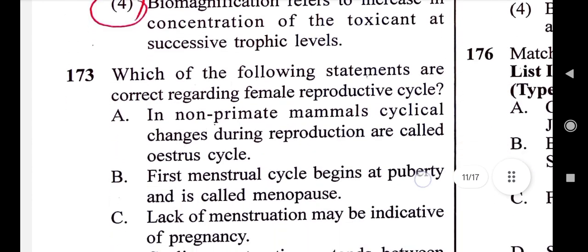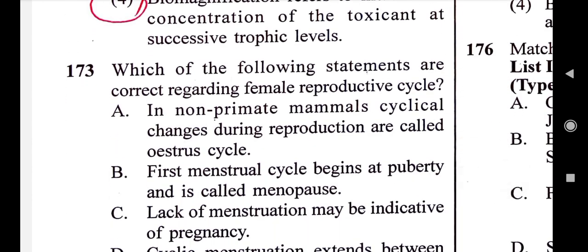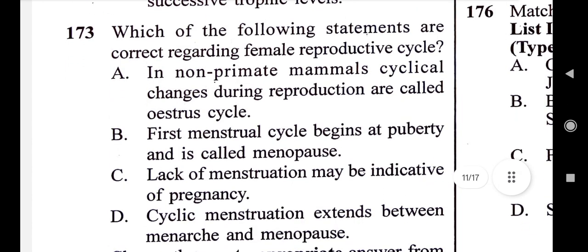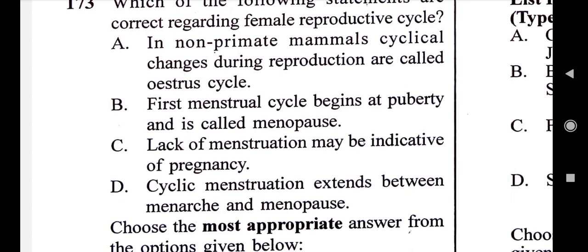Dear students, let's see question number 173. Which of the following statements are correct regarding female reproductive cycles? Option A, in non-primate mammals, cyclical changes during reproduction are called oestrus cycle. Option B, first menstrual cycle begins at puberty and is called menopause.